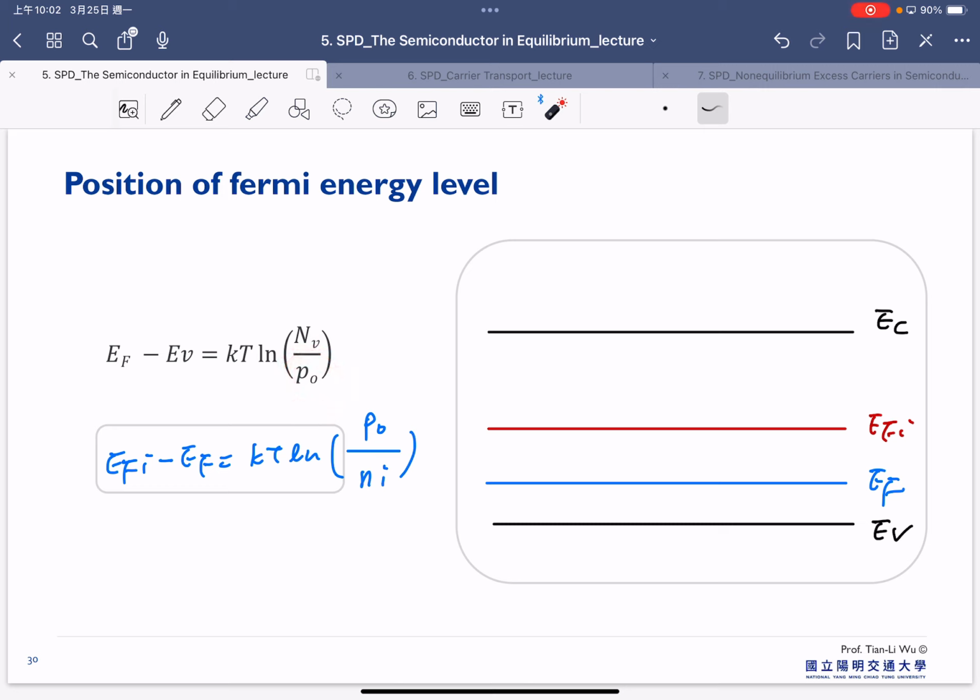So now I think everything is very consistent. Sometimes you can easily understand using the band diagram plot that already has the physics inside, or sometimes we can use this analytical equation to further prove our understanding.